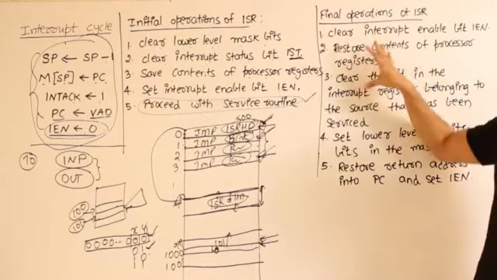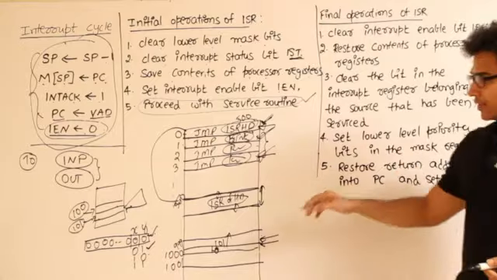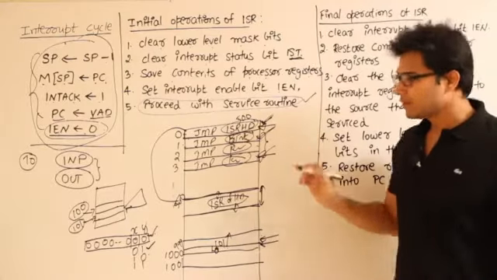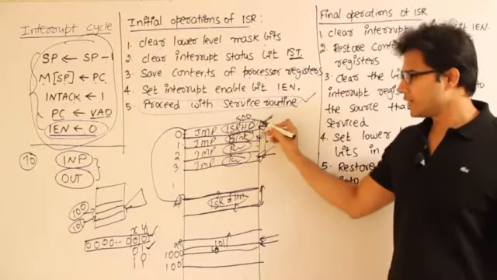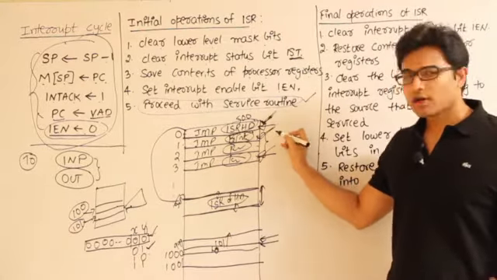And now set the low level priority bits in the mask register. So earlier, when you were providing service to the higher level device, you turned off or cleared in the mask register the bits which belong to the low level devices. Now you again set them so that everyone will get a fair share.